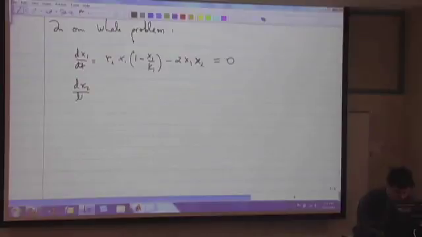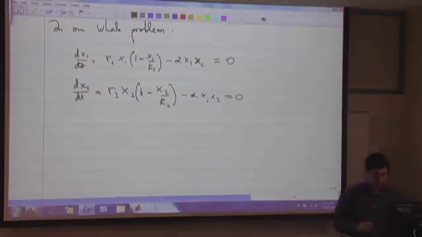And dx2/dt is r2 x2 (1 minus x2 over k2) minus alpha x1 x2. So I have to set both equal to 0. Let me use two different colors here: I'm going to set the first one equal to 0 in red, and the second one equal to 0 in blue.